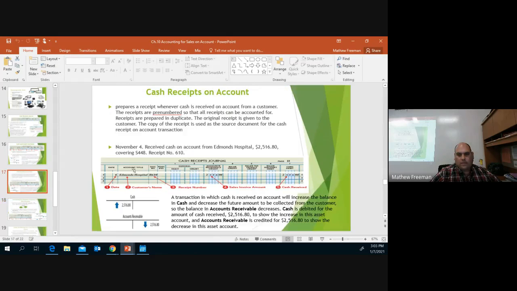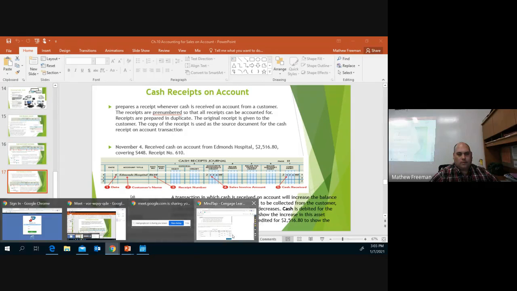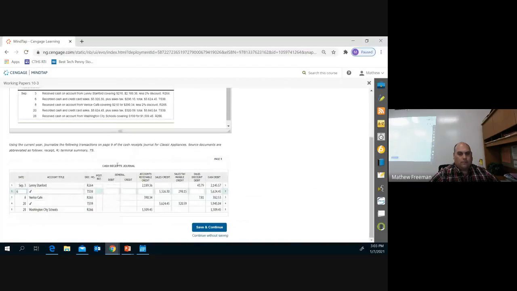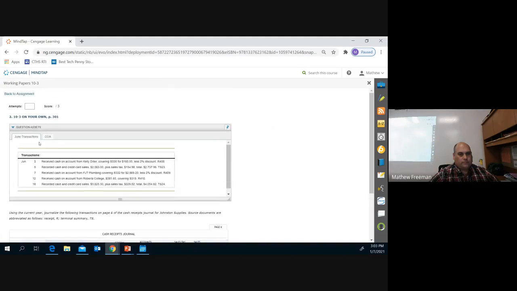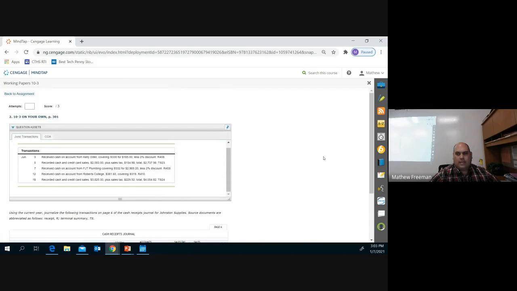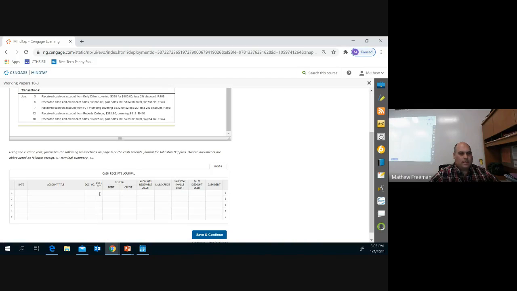Customer's name when we're doing cash receipts. So it looks like we're ready to go. We can save, continue. And come over here, we'll knock out this last one together. Let's do it real quick.